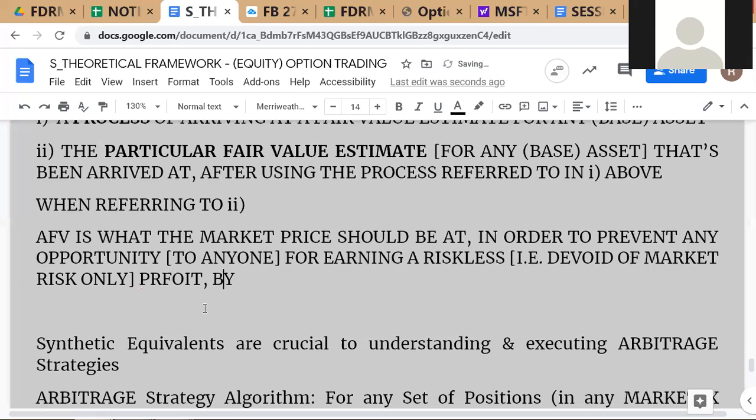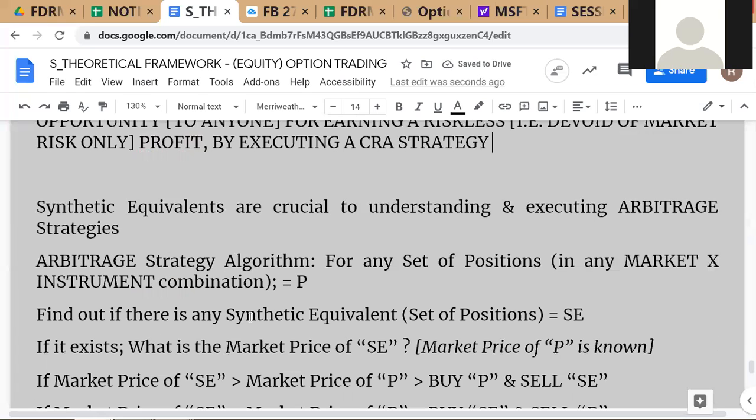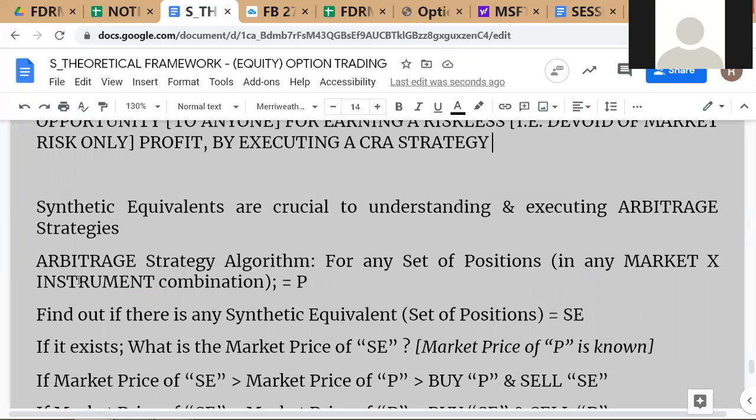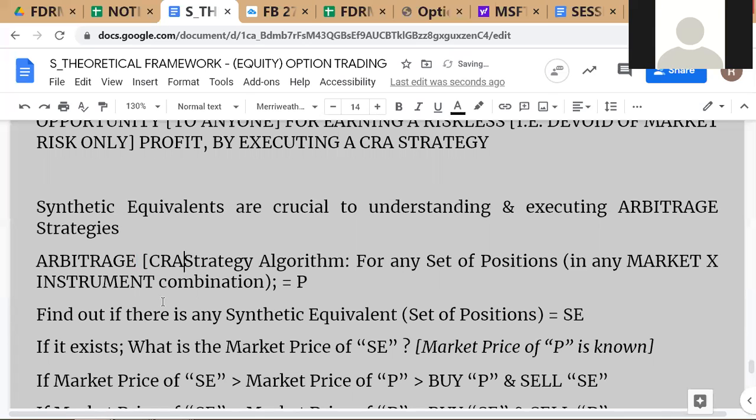To earning a riskless profit, by executing a CRA strategy. Okay. So if you remember, what is a CRA strategy? We can recap it here. We are referring to classical riskless arbitrage, or CRA.